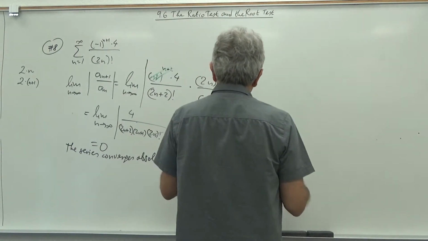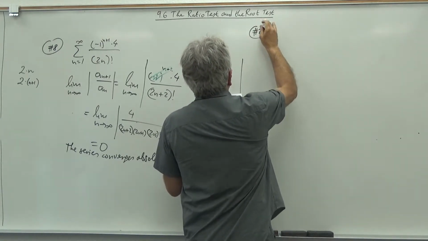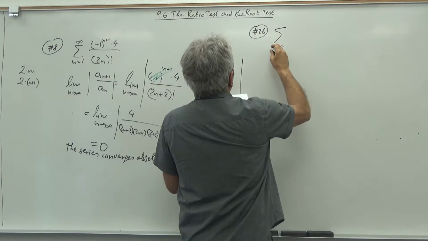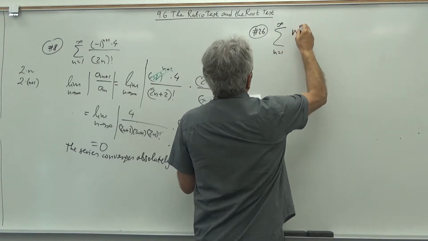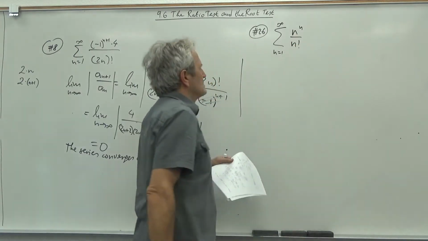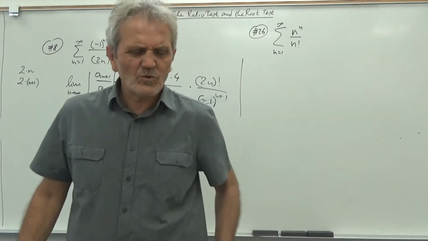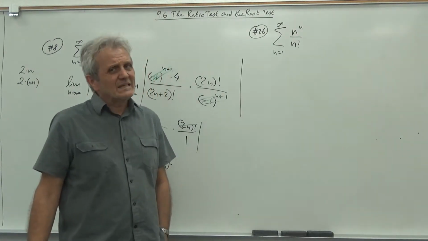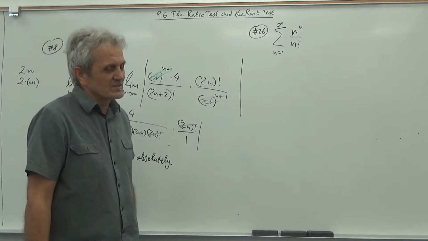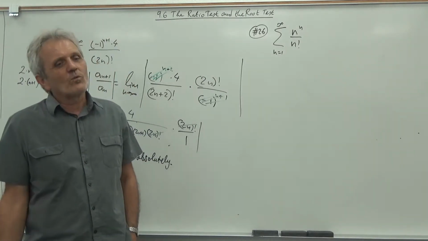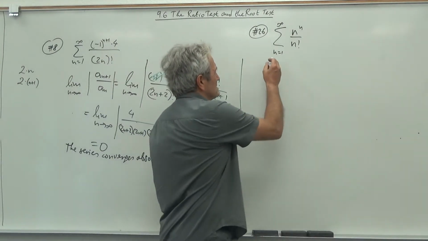Here's something more interesting. So number 26. It's the sum when n goes from 1 to infinity of n to the n over n factorial. Actually, I don't know why I said it's more interesting. Because again, I will do it using the ratio test just to illustrate how it works, although it's quite obvious that this diverges by the divergence test.